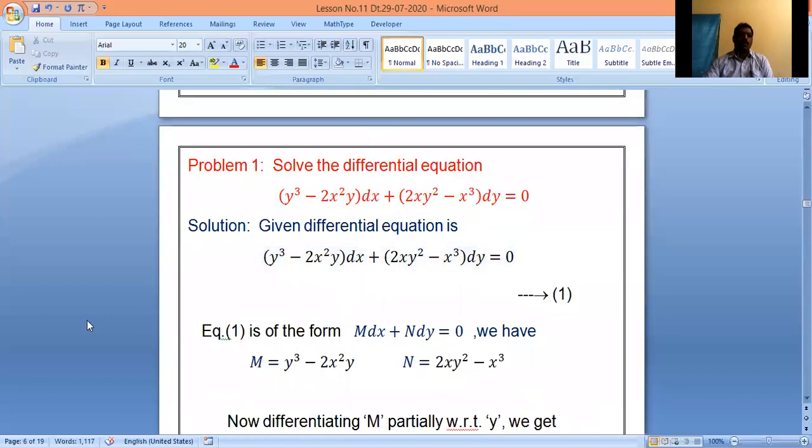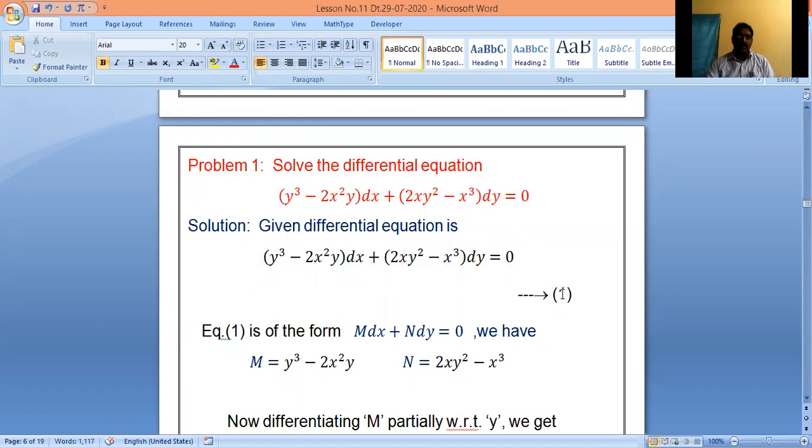Now problem 1. Solve the differential equation (y cube minus 2x square y) dx plus (2xy square minus x cube) dy is equal to 0. Given differential equation is (y cube minus 2x square y) dx plus (2xy square minus x cube) dy is equal to 0.